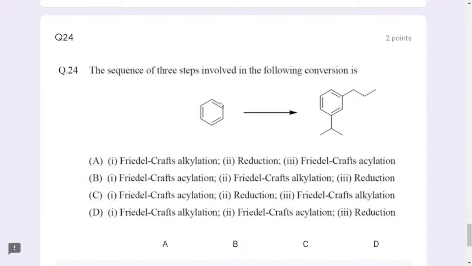When you treat this benzene with n-propyl chloride in the presence of aluminum chloride, that reaction is going to be a Friedel-Crafts reaction. But in the presence of aluminum chloride, if you do a simple Friedel-Crafts reaction, it is going to give this cumene. That isomerization takes place to give the cumene ring.